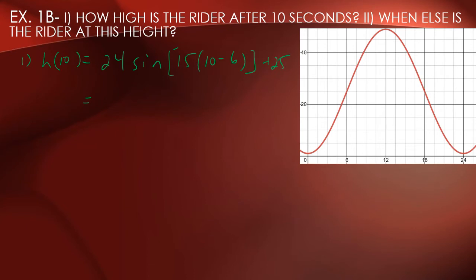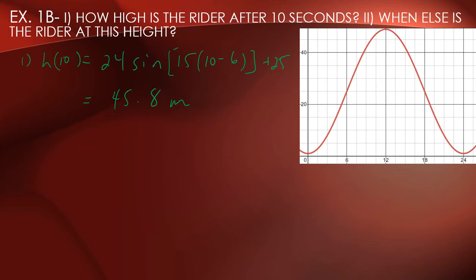You can put it all in one step if you want, that's okay. Obviously the downfall is, if you do that and make a mistake, I can't give you part marks because I don't know where you went wrong. So I'll leave it up to you though. Rounding to 1 decimal place, I get 45.8, and it would have been meters.